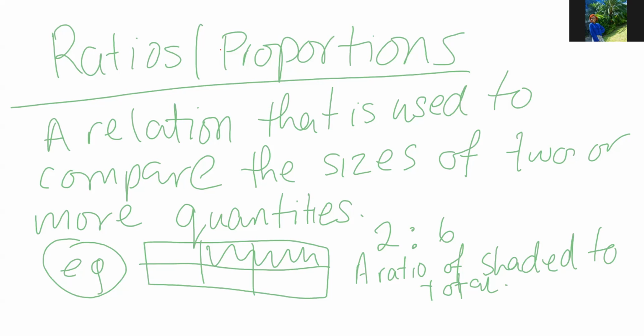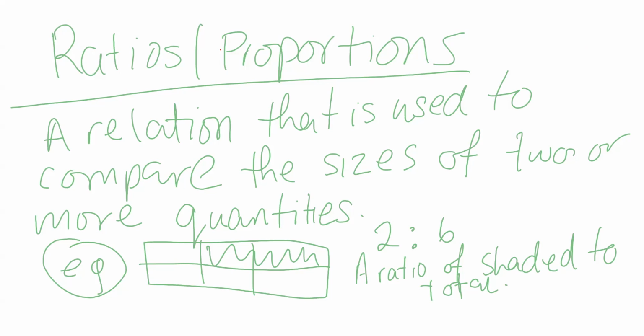So we have a box on the screen there that has 6 parts. Let's pretend it's 6 equal parts. So they are saying the ratio is 2 to 6. That ratio is 2 to shaded and 6 to total. So the ratio of shaded to total would be 2 to 6.